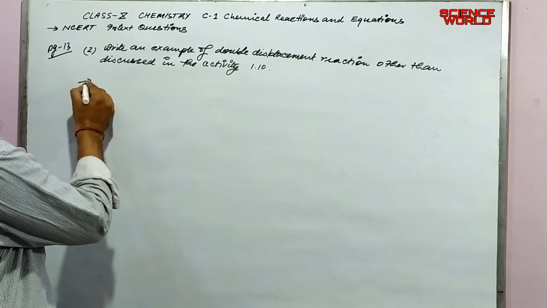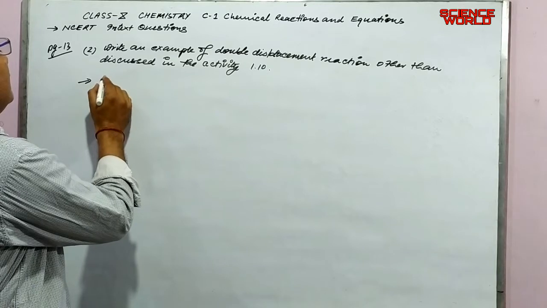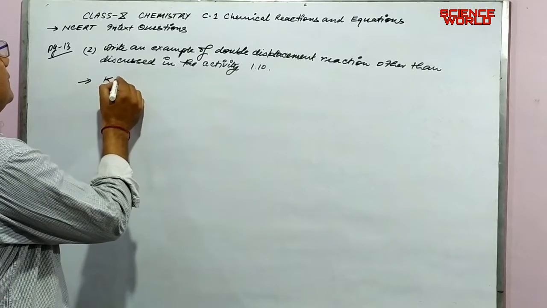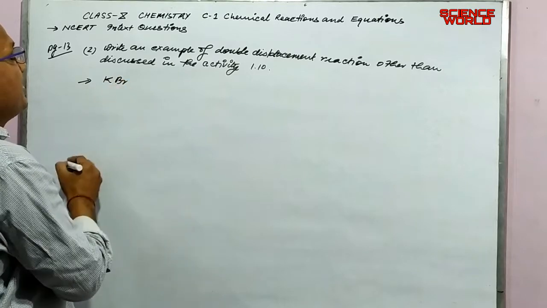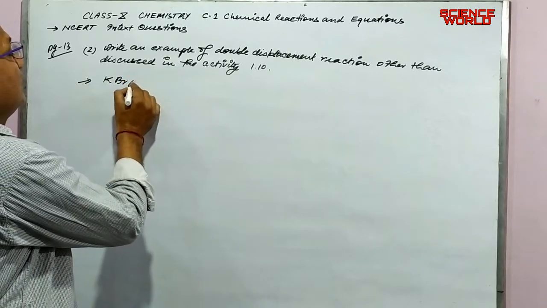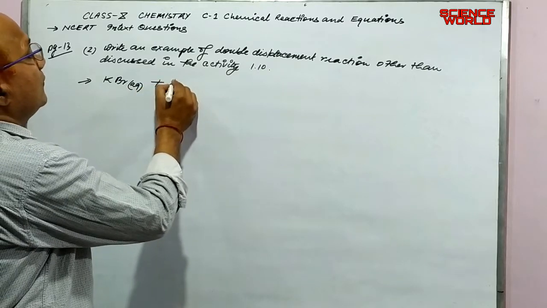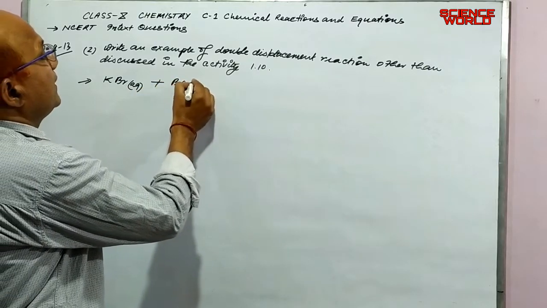We can take one more example. Potassium bromide KBr plus barium iodide.